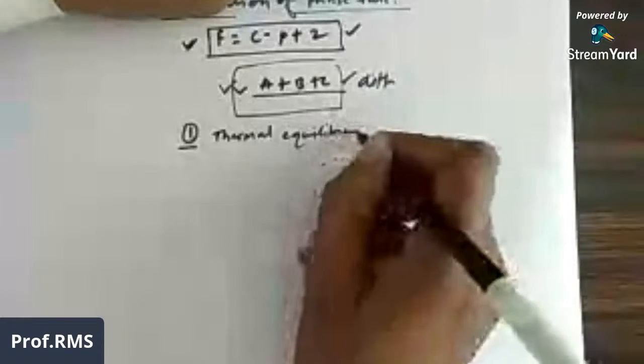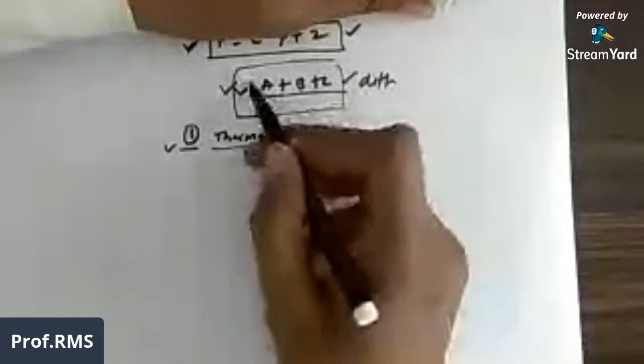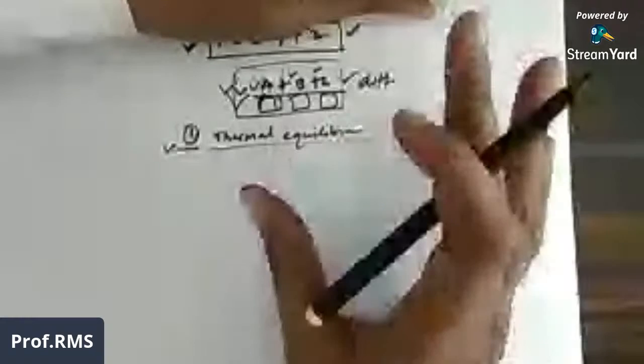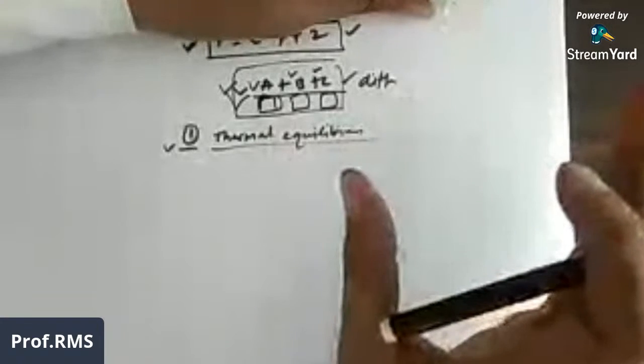The first condition is thermal equilibrium. That is the first condition, which is a must for derivation of the phase rule. A multi-component system with several phases is said to be in equilibrium when it satisfies thermal equilibrium. In such a system we have three components and phases like phase 1, phase 2 and phase 3. All these phases must possess the same temperature.